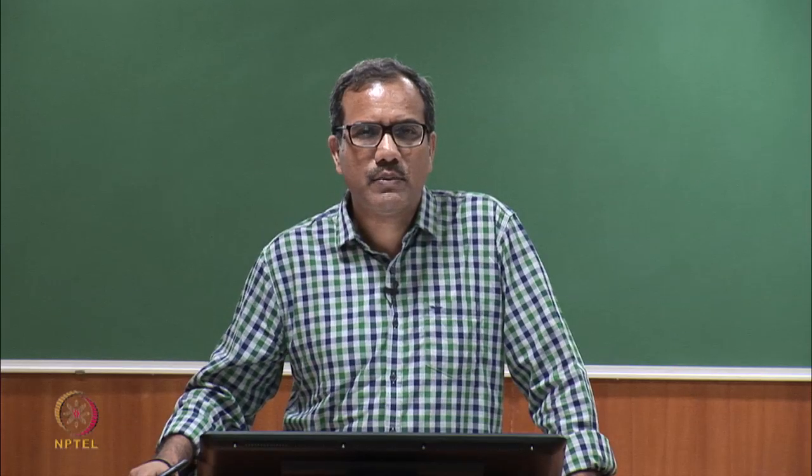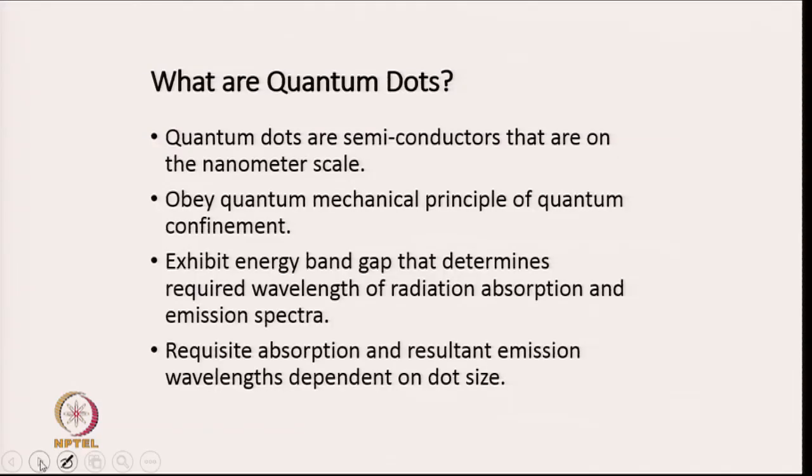Now, let us discuss what quantum dots are. Quantum dots are semiconductors on a nanometer scale, and as the name suggests, they obey the quantum mechanical principle of quantum confinement. They show an energy band gap that tells you about the wavelength of electronic transition, either related to absorption or emission spectra.